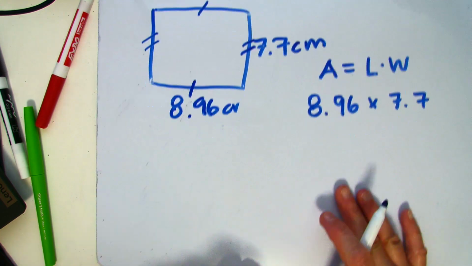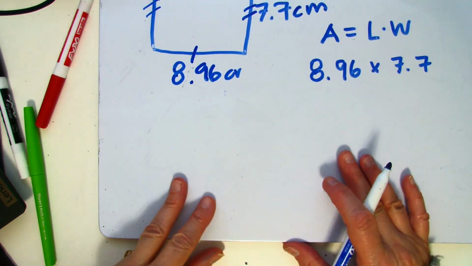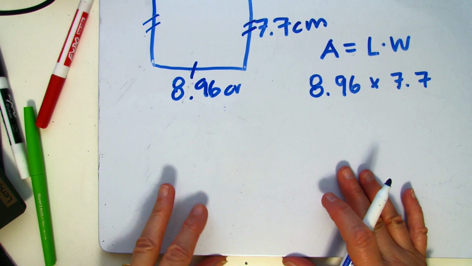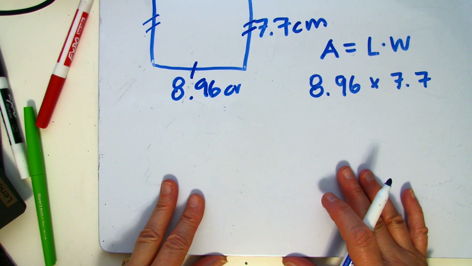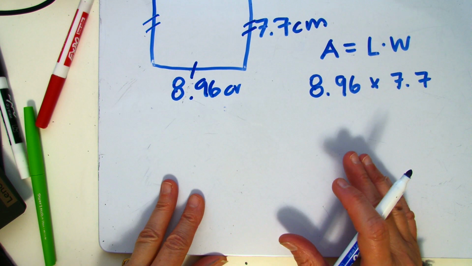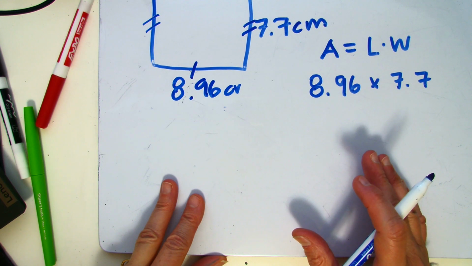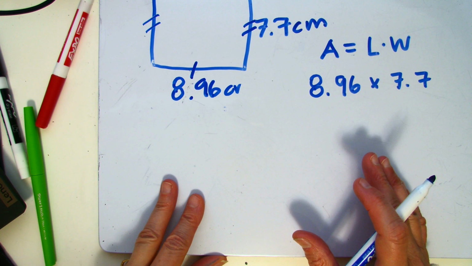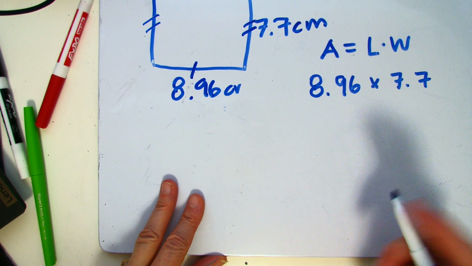Now I'm going to rewrite it vertically. And don't worry about the placement of the decimal point. It's not necessary to line them up. We're only going to line up the decimal point when we're adding or subtracting decimal numbers.